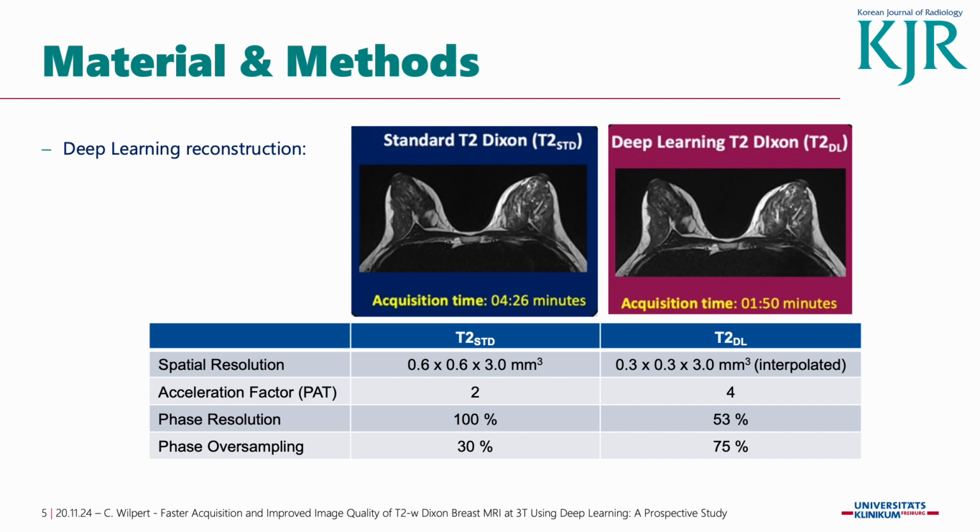The deep learning reconstruction differed slightly in phase resolution and phase oversampling, and had a twice as high acceleration factor of 4 compared to 2 for the conventional sequence. Also, the spatial resolution resulted in a 0.3 x 0.3 x 3 mm interpolated spatial resolution, which was doubled.